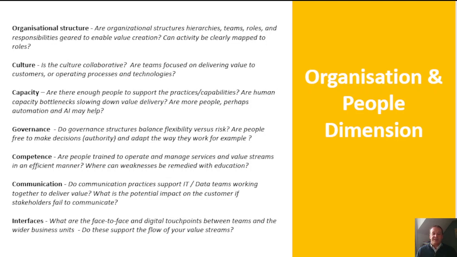Have a consider about how that impacts your customers that you're serving and your stakeholders. We all know the impact of not communicating to senior stakeholders and keeping people in the picture. So are those communication practices in place? What are they? What are those practices?